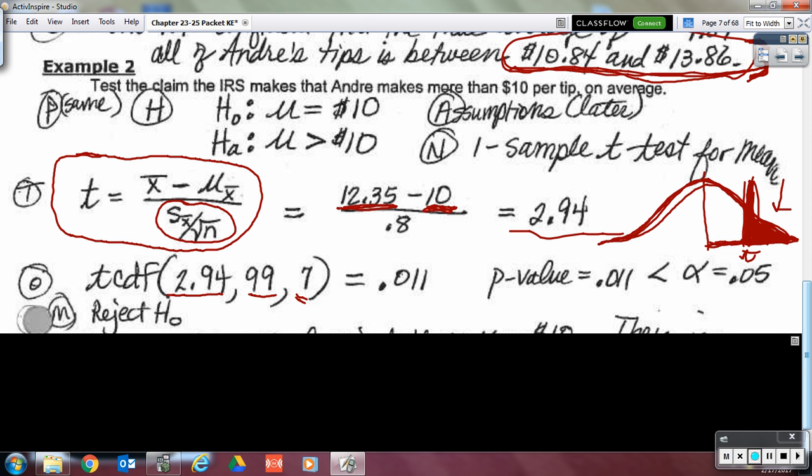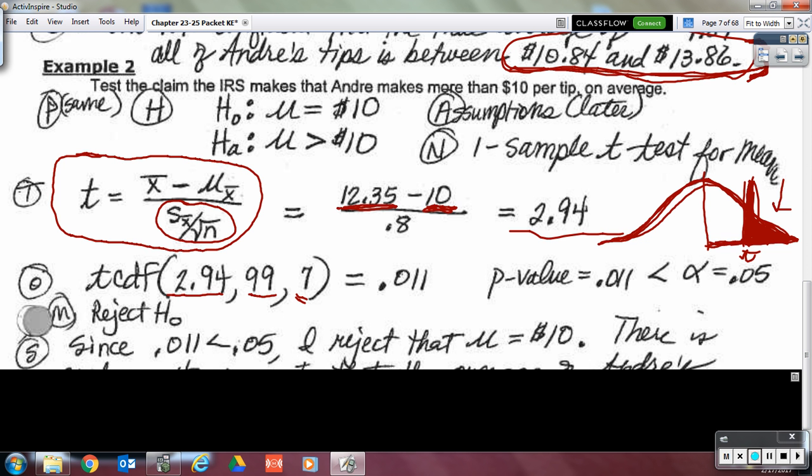And so now let's write our conclusion. It's going to be in 2 sentences. The first sentence is going to be about the null hypothesis. So my first sentence is, since 0.011 is less than 0.05, I reject H0, mu equals 10. I reject that mu equals 10. I like to do that one in letters. And then the second sentence in words, in context.